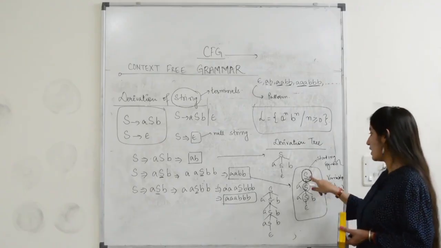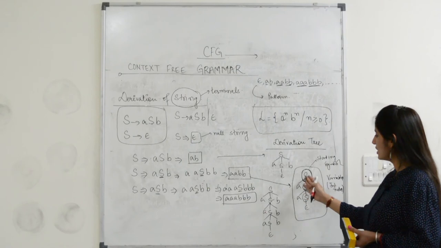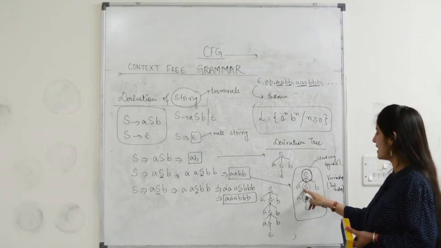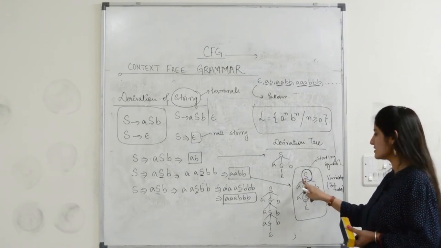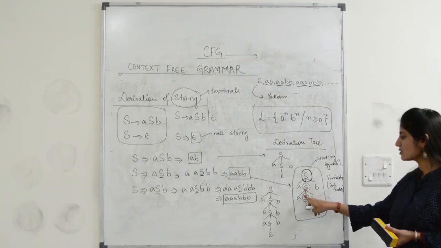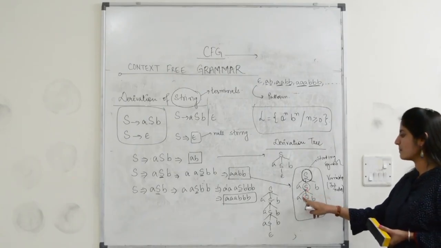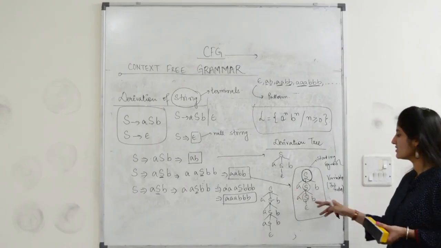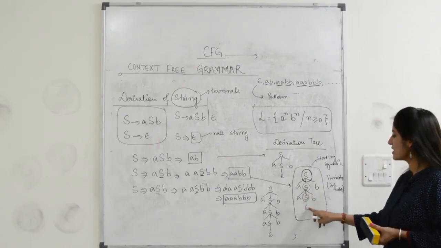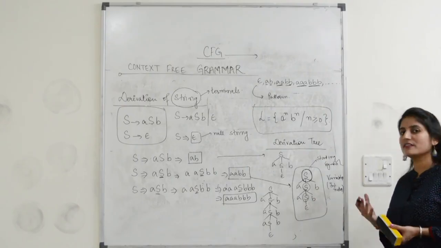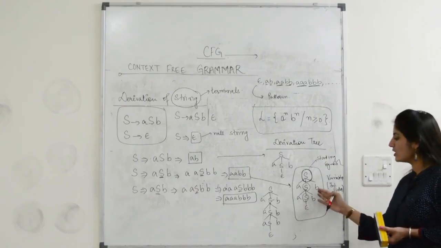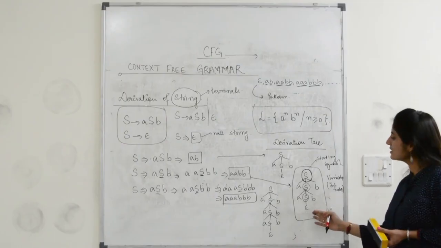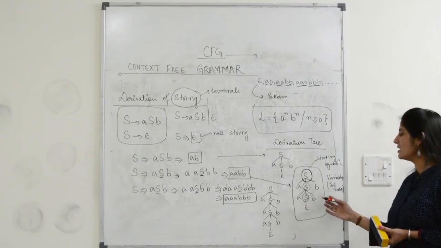If I talk about the out degree of S, it is giving rise to 3 edges, 3 branches, A, S, B. So the out degree of S is 3. The out degree of this S is also 3, and the out degree of this S is 1. The out degree of this A is 0 because it is not giving rise to any branches. So A, epsilon, B, B, these do not have any branches. So they are called the external nodes of a tree, or you can also say leaves.